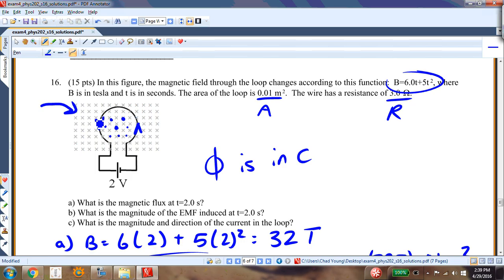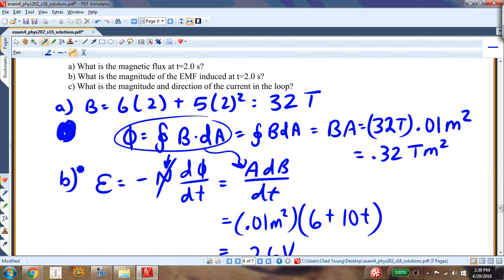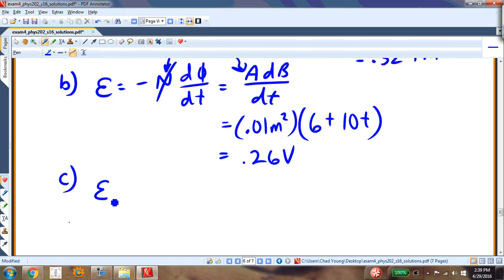You can do your right-hand rule like we did for the solenoid. That means that I have 2 volts in this direction, but I have 0.26 volts in this direction. So that means my net EMF is going to be equal to 2 minus 0.26 equals 1.74. Okay?